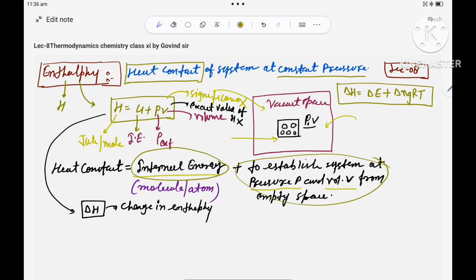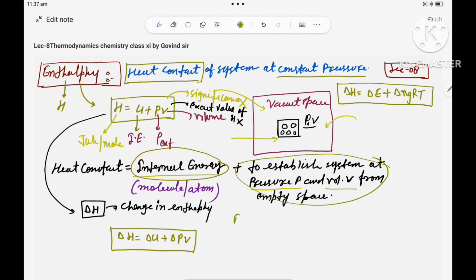Once again you can write delta H is equal to delta U plus delta PV. Delta H is equal to delta U plus delta PV. PV is what, children? We are talking about constant pressure.